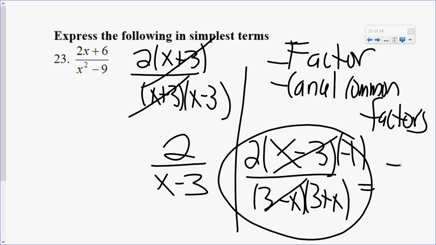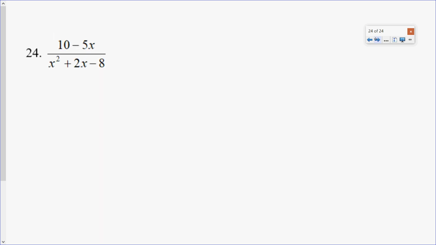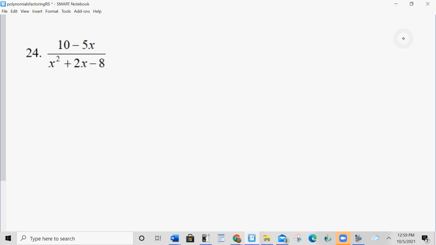So the answer in that case would be -2 over 3 plus x. Again, this isn't the problem that we're going over right now, but that is a little twist. If you have a binomial written backwards with a minus sign, they cancel, but they cancel to -1. So that will come up in number 24, but there's still a couple more problems for me to go over, and I'm running out of time.